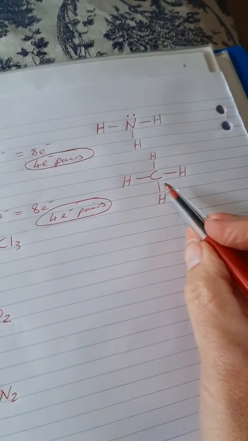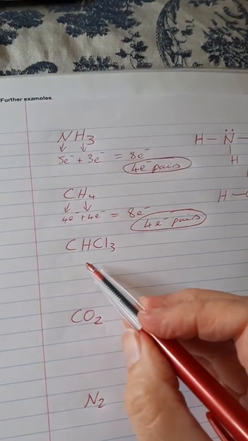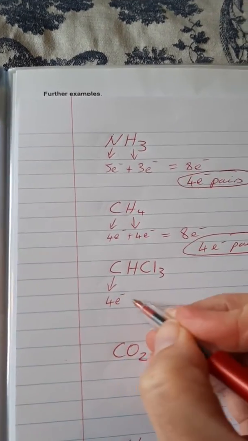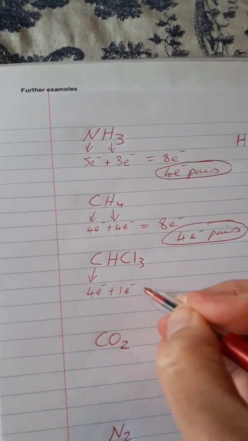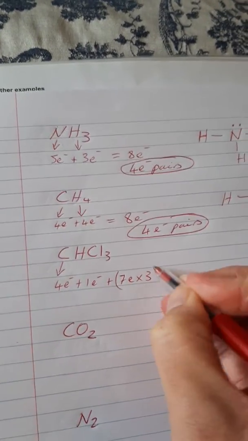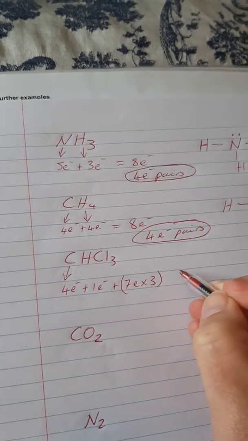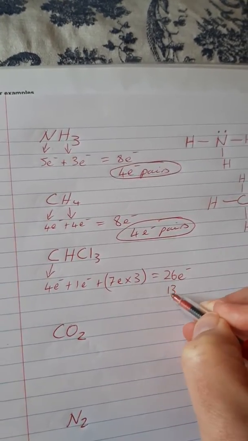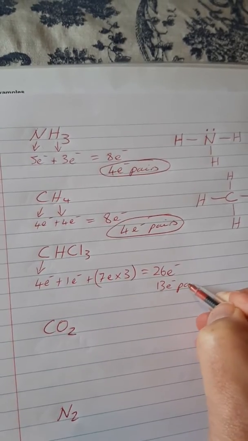Now, in particular, I wanted to compare this one to the one that we're about to do. So carbon once again has 4 electrons in its outer shell, hydrogen has 1, and chlorine has 7. There are 3 chlorines, so we're just going to do that there. So that one there is a total of 26 electrons, or 13 electron pairs.